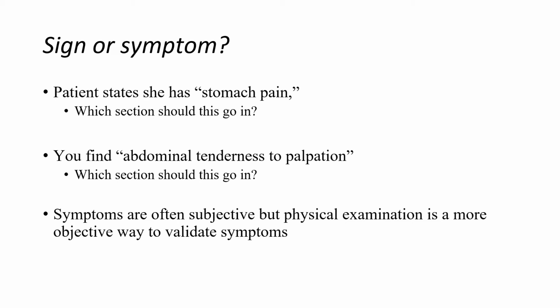Symptoms are what the patient complains of. It's usually under the subjective aspect or the history. Signs are what you elicit on examination. So abdominal tenderness to palpation would be an objective finding or an examination finding, right? So as we keep saying, symptoms are often subjective, but physical examination is a way to objectively validate the symptoms that our patients complain of.